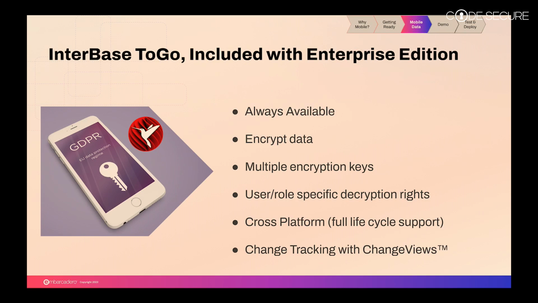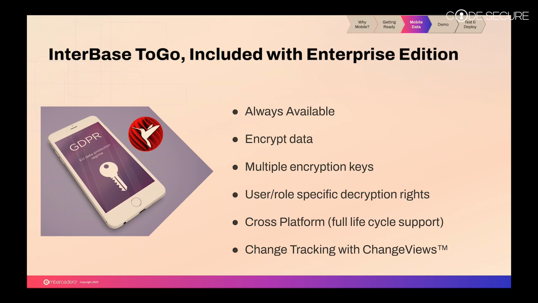But now that we're caching information, what's the problem? What if we're storing sensitive data like credit card numbers or patient details? What happens if that phone has been stolen or you lose it? That could be a problem for the company because you need to fulfill all this GDPR stuff, mostly if you're a big company. So InterBase To Go offers encryption out of the box.